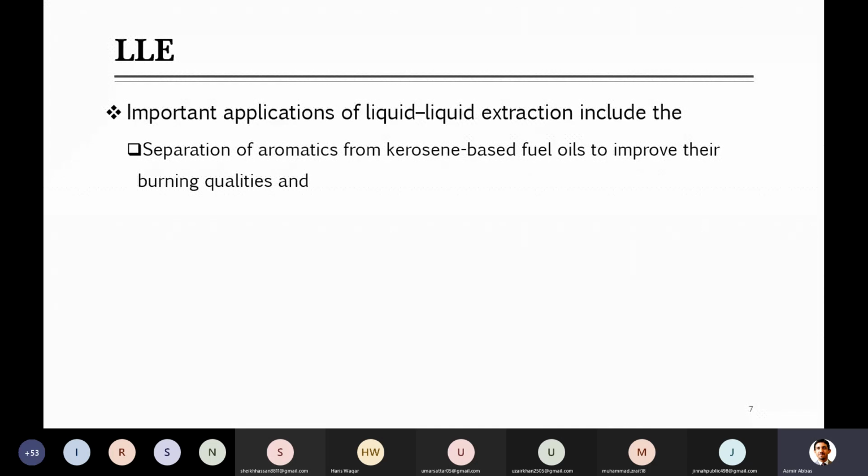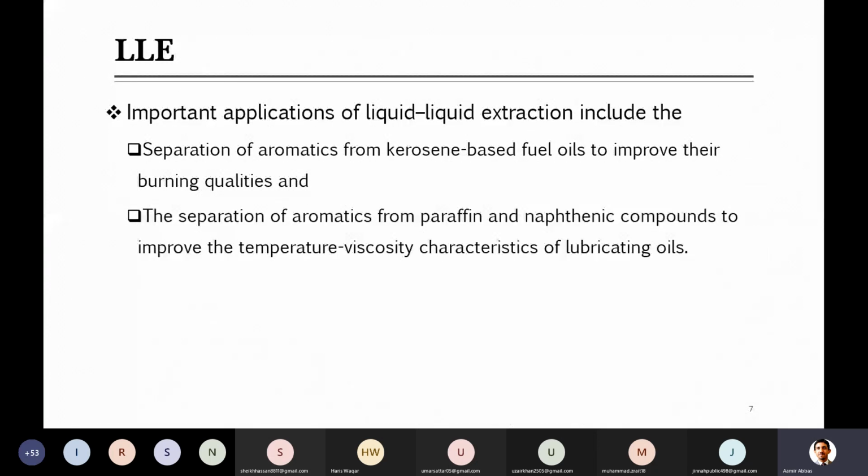If you have a mixture of hydrocarbons which are close boiling to each other, it is difficult to separate them with the help of distillation. So then what we can do is bring all those hydrocarbons in contact with some other solvent, selected in such a way that it has affinity with the aromatics, so it can remove them from the other hydrocarbons, which can be, for example, aliphatic straight chain hydrocarbons. So that's one application.